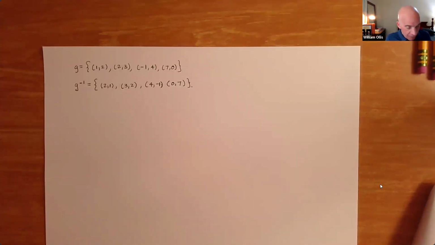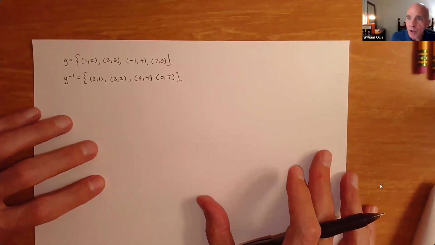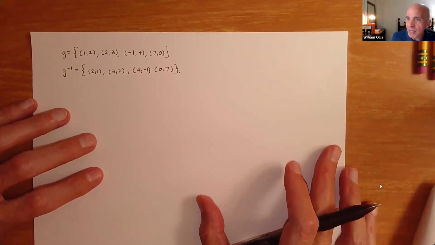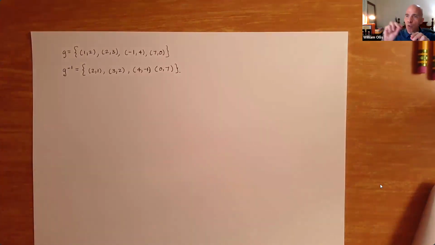Okay? Now, one thing that you might be thinking about is that if we have the forward path from the domain of G to the range of G, and the reverse path from the range of G back to the domain of G, we basically end up, so to speak, where we began.